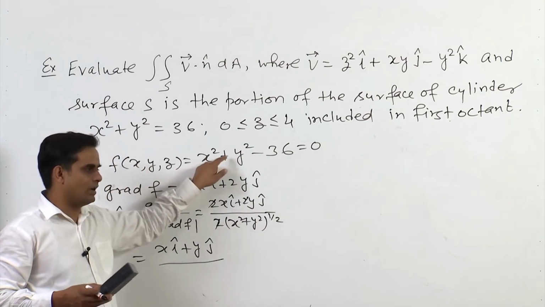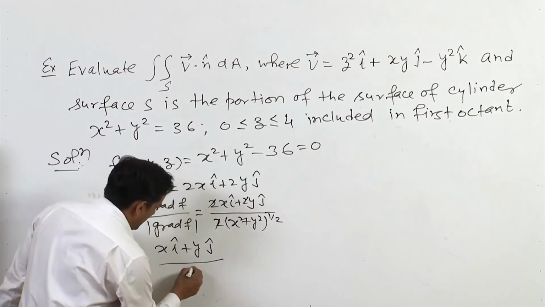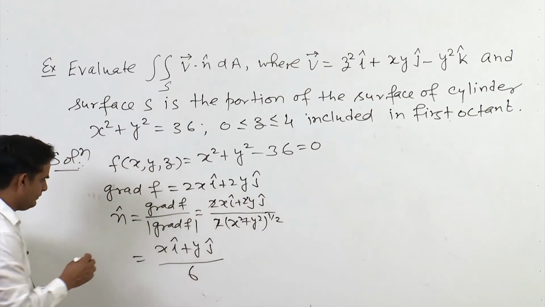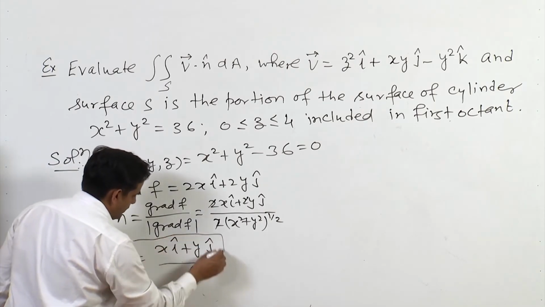You know that x² + y² is 36, so the square root will become 6. So this is the unit normal vector to the surface.